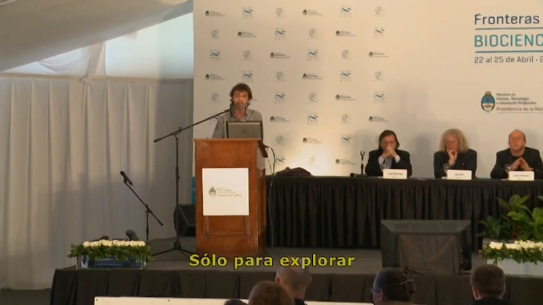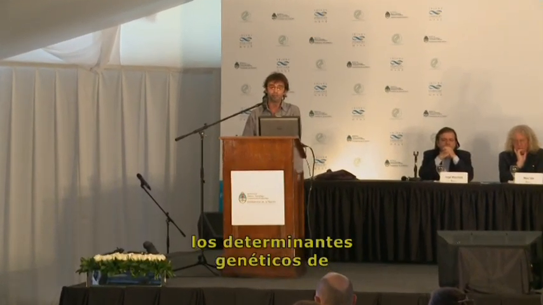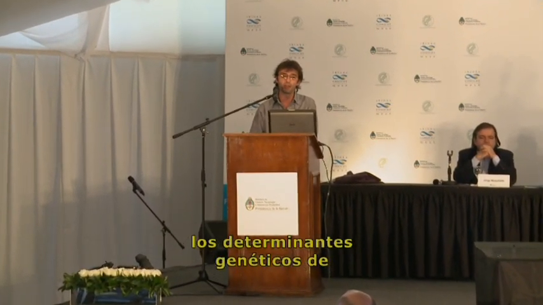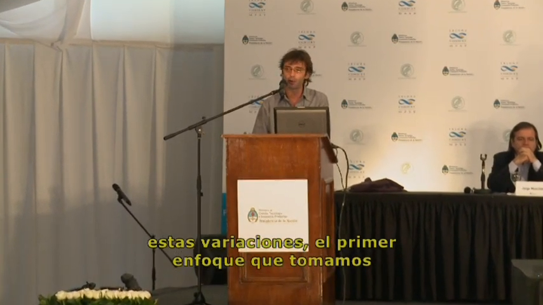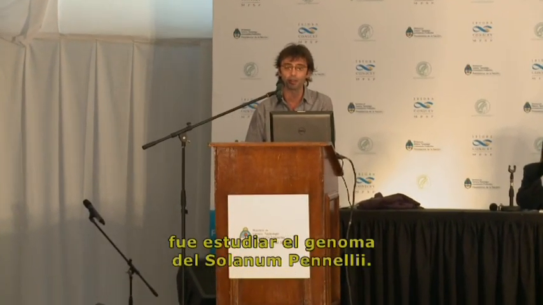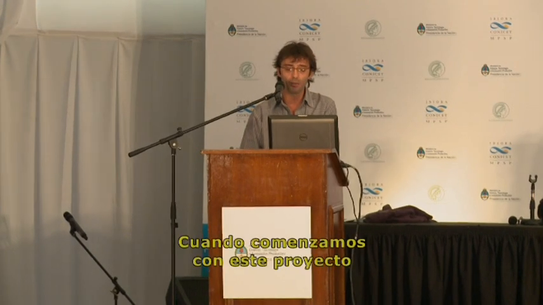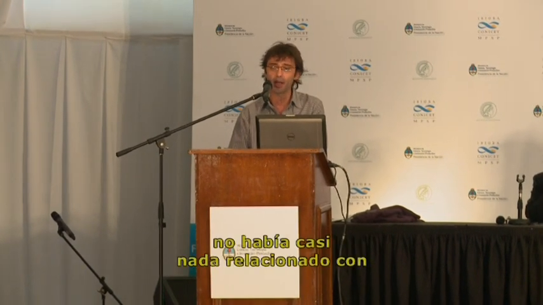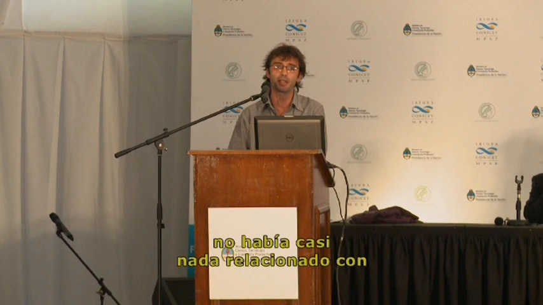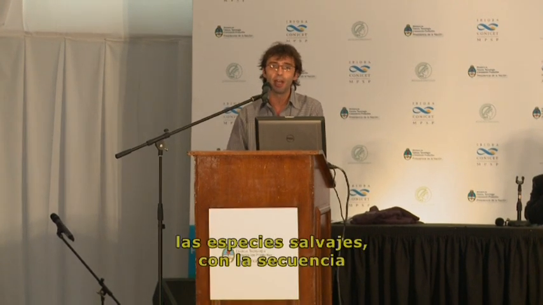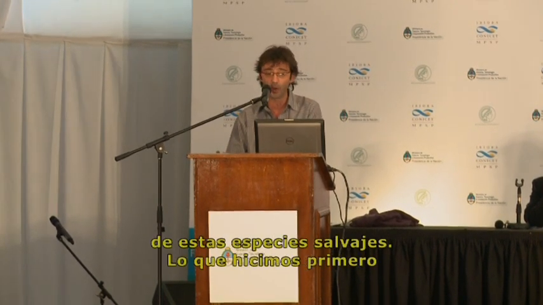To explore the genetic determinants of this variation, the first approach that we took was to explore the Solanum pennellii genome. And when we started with this project, there was almost nothing related to the sequence of these wild species.